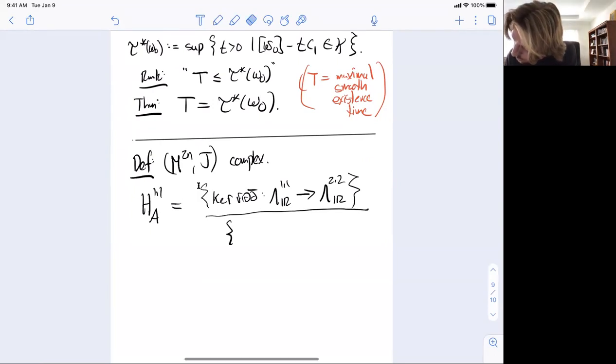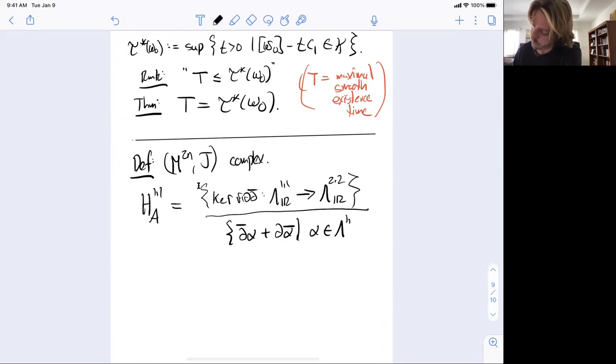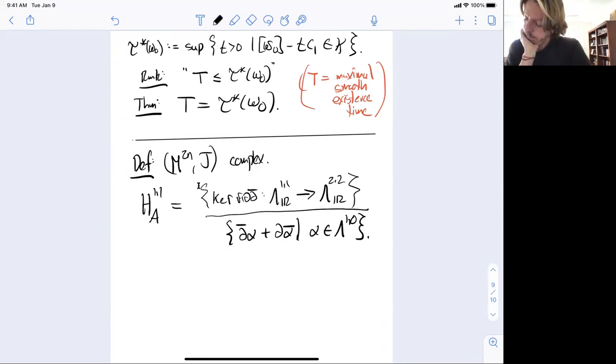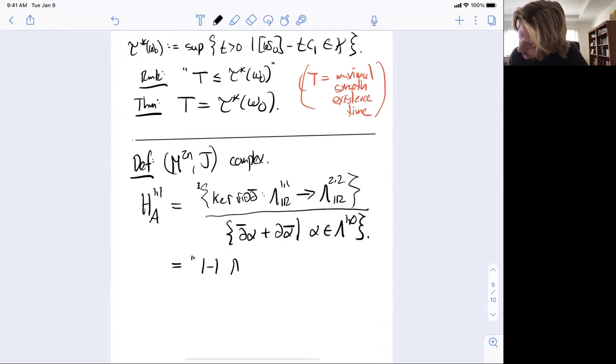So this is modulo ∂-bar alpha plus ∂ alpha-bar, where alpha is a (1,0) form. So this is the (1,1) Aeppli cohomology.